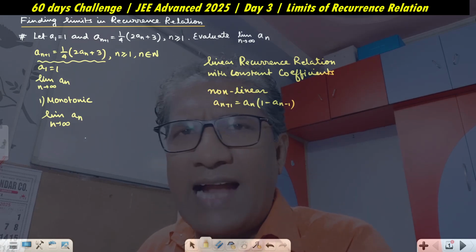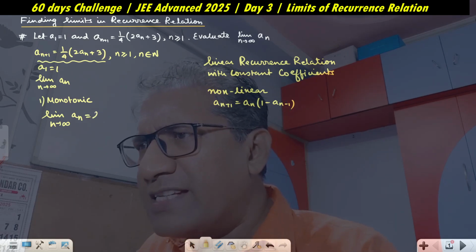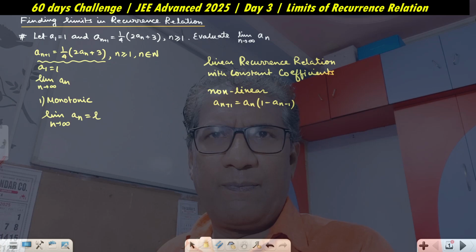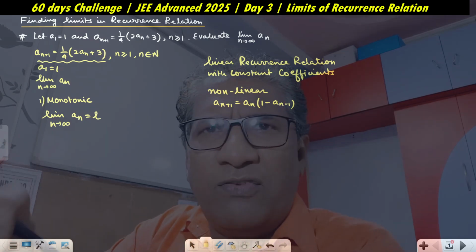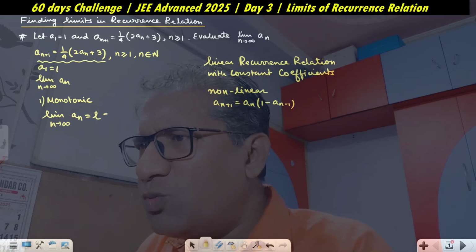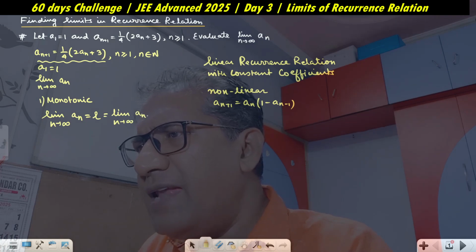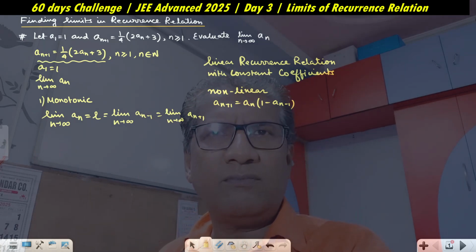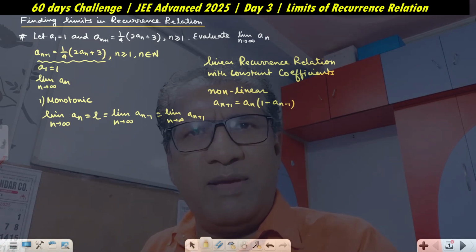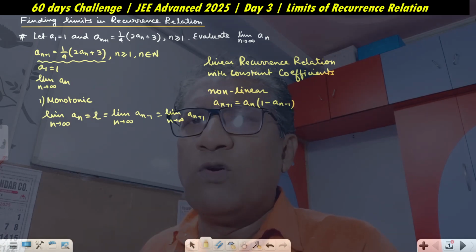We will say that this limit exists and we will assume that its value is L. Now, since it is converging to a value, the limiting value is converging to a point, so this will be the same as the limit as n tends to infinity of a_{n-1}, or the limit as n tends to infinity of a_{n+1}, and so on. We will say all these limits exist and their value is L. Now we will learn how to find out L.